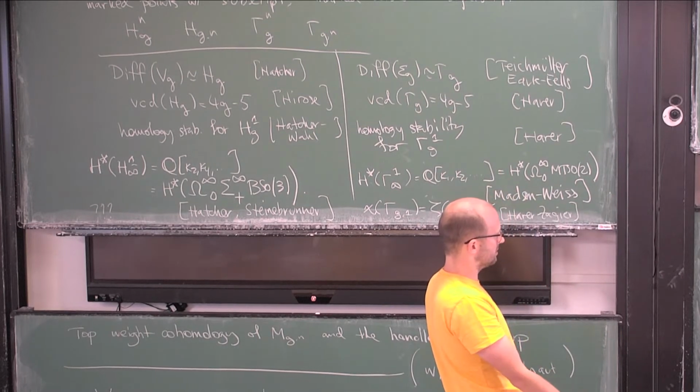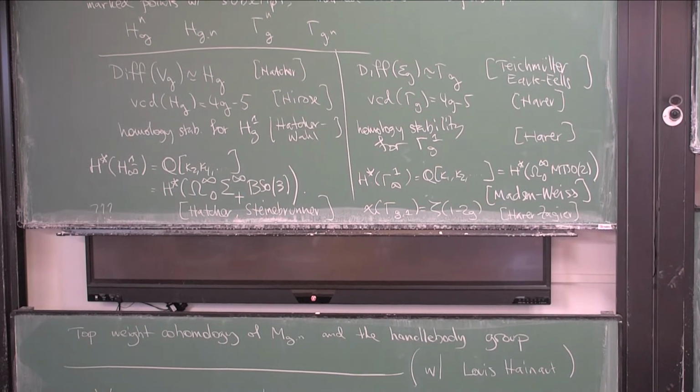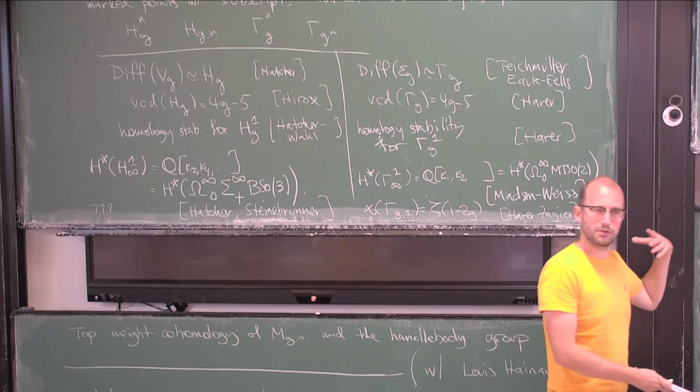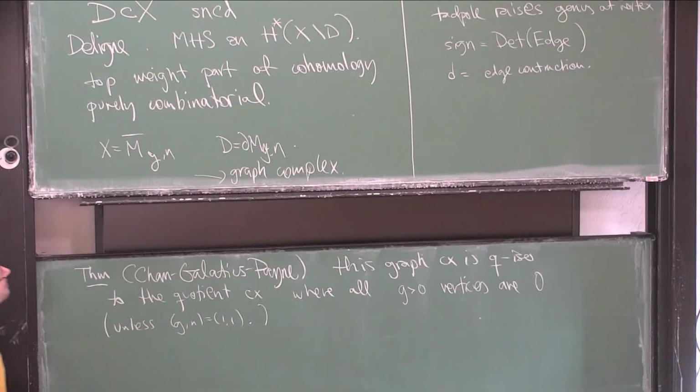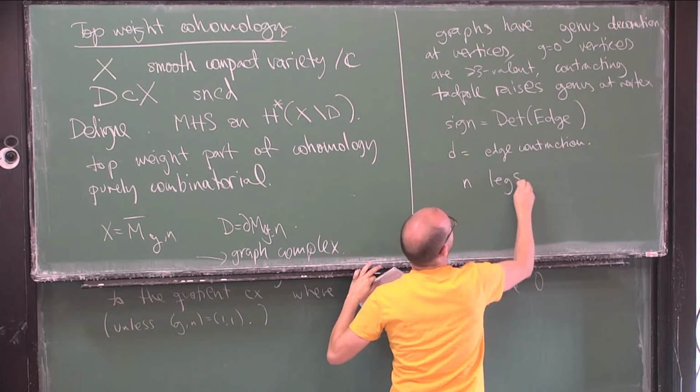Why is this important? Well, this quotient complex is considered with hairs. We forget about hairs, no. Hairy graph.